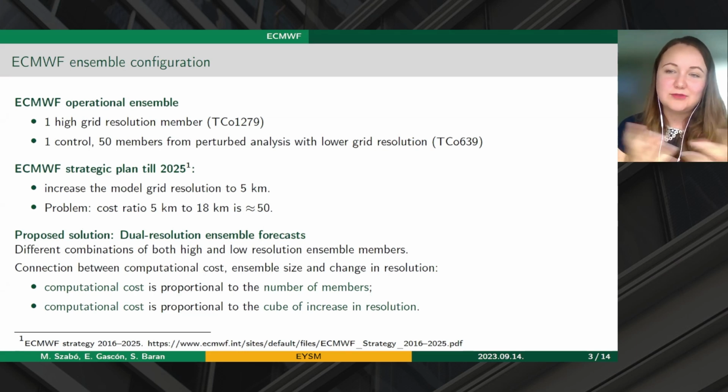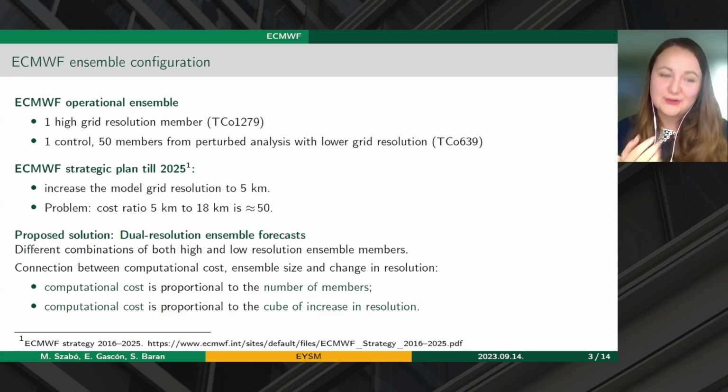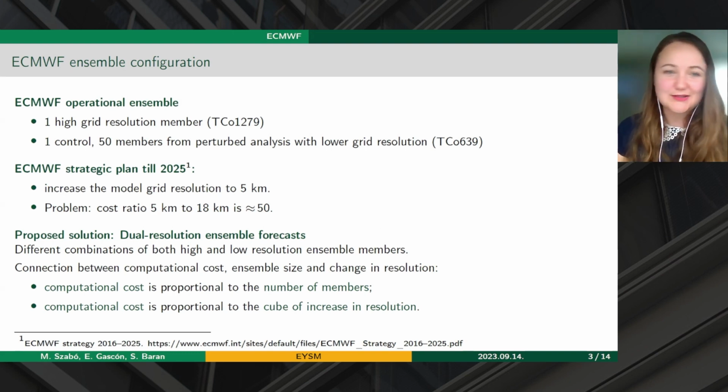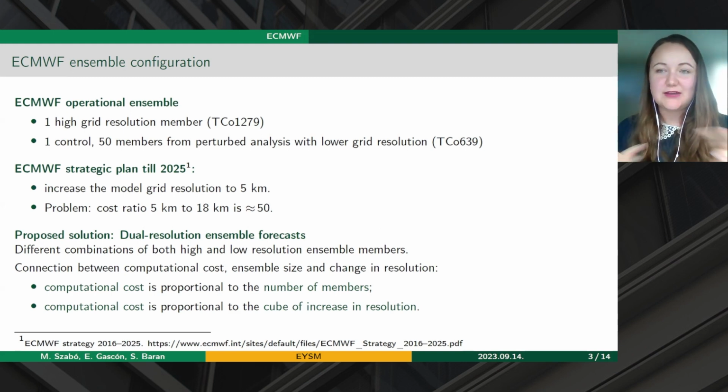We need to understand that the computational cost is proportional to the number of members, and also proportional to the cube of the increase in resolution. So we might want to have as many members as we possibly can, and also as high a resolution as we possibly can. But of course, the lower resolution members have a smaller cost.